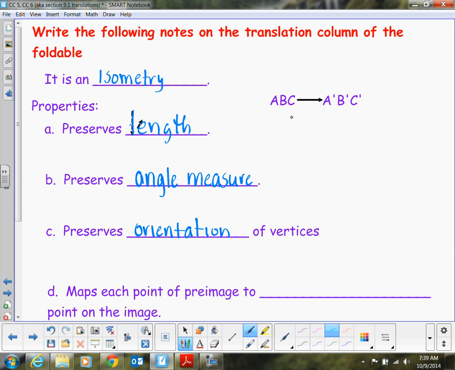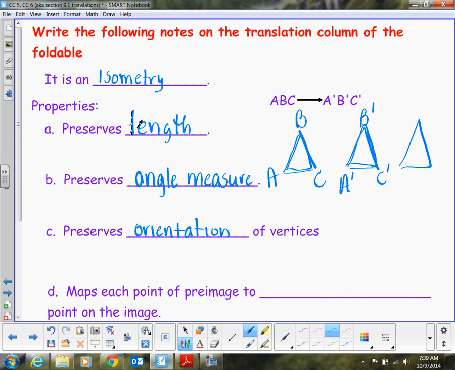So, if you want to write this on your other sheet of paper, let me explain orientation. This is A, B, C. This is A prime, B prime, C prime. Notice this is a clockwise direction. This image is also a clockwise direction.